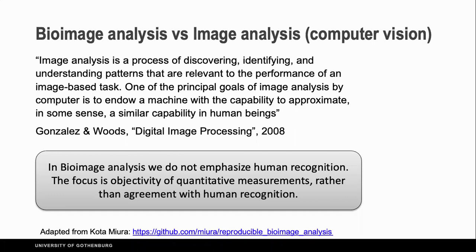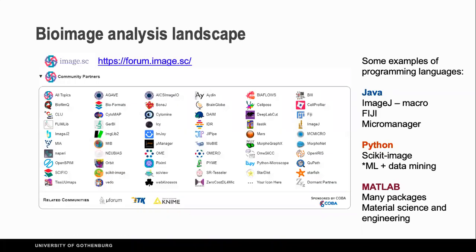And object detection as a human would do it. There are a lot of things that we borrow from that field, but we do not emphasize human recognition. What we emphasize is objectivity while doing the measurements. That's the part that is most important for us. Okay, that sometimes brings some long conversations as to how you should do things or not, right? Just because of that small change in mind. Now here we go to the thing that actually defines the field.